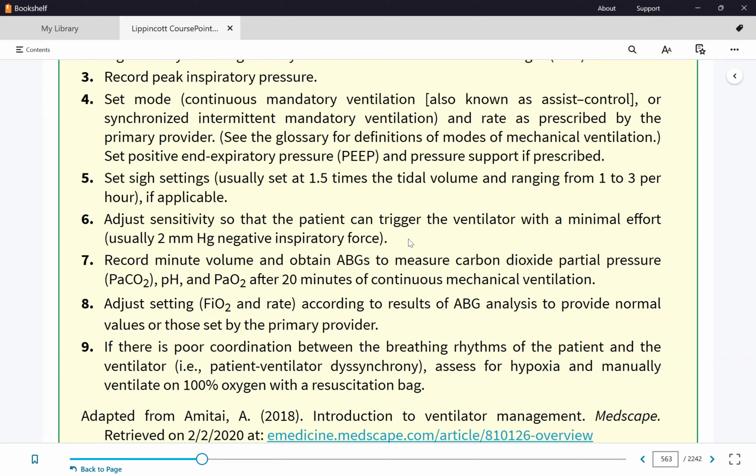You want to breathe, but you can't because the vent won't give it to you. The vent will say, I'll give you a breath when I'm good and ready to give it to you. Is that comfortable for a conscious patient? No. So the only way a control mode will work is we have to sedate and paralyze the patient. Okay? So you only see that in the OR.